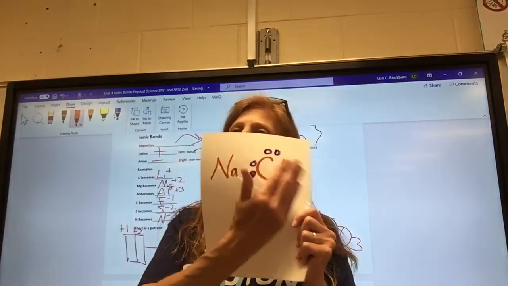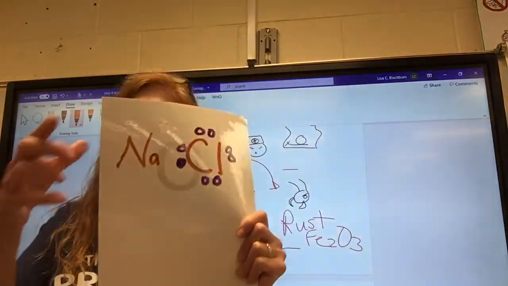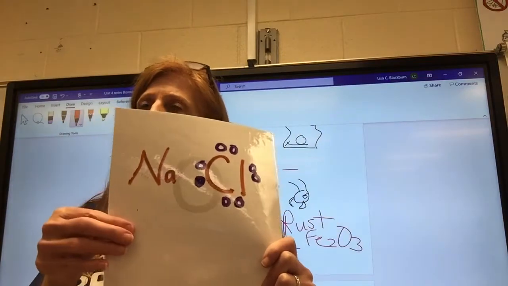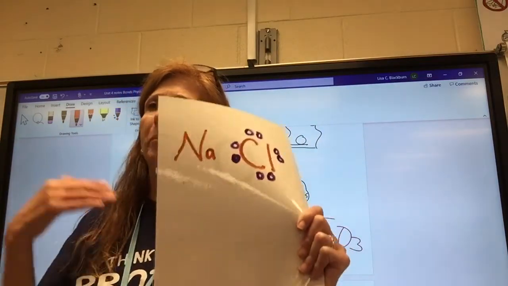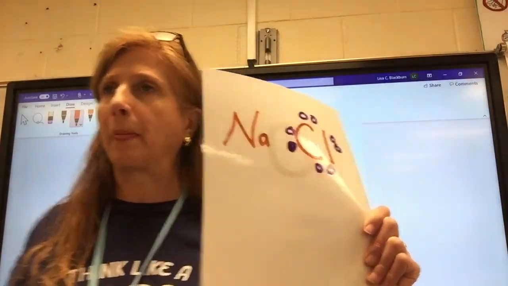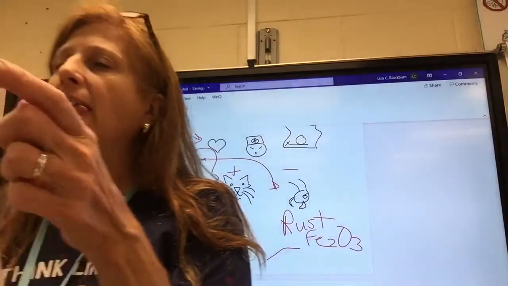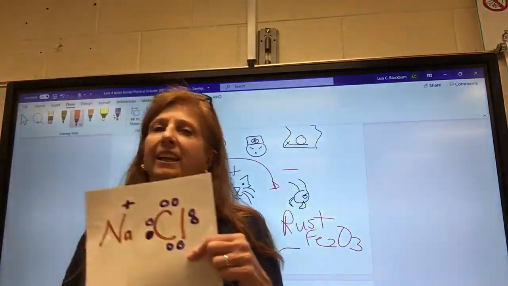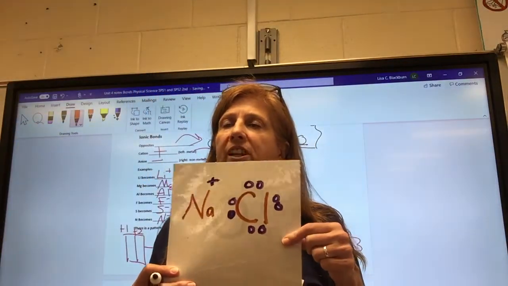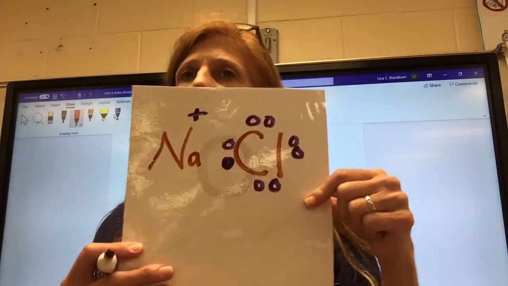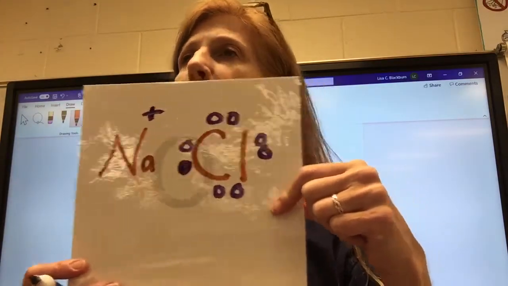Now, moving an electron over gave them a charge. This one lost an electron, which is negative, so it became what charge? Positive. So I want you to take your marker and put a little plus there for +1. Chlorine gained an electron that's negative, so what charge did it get? It's -1.